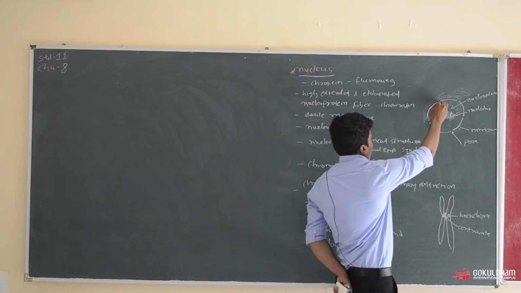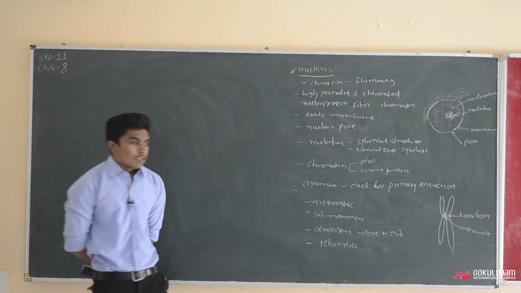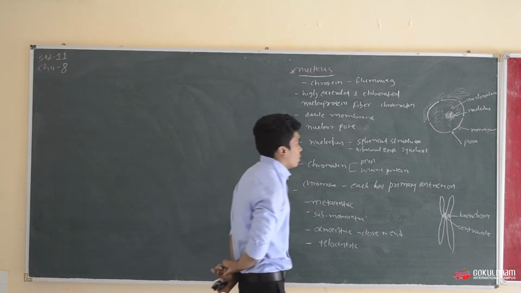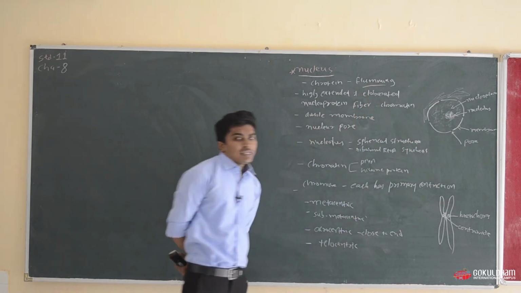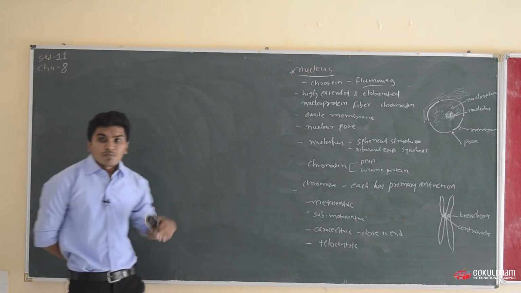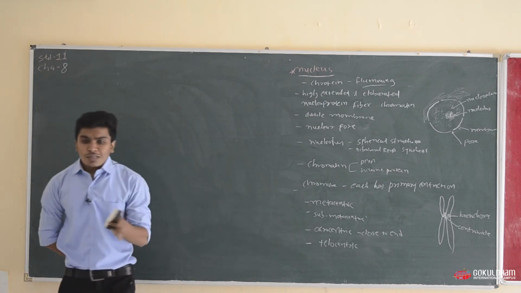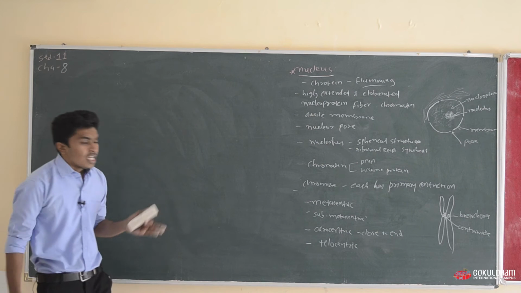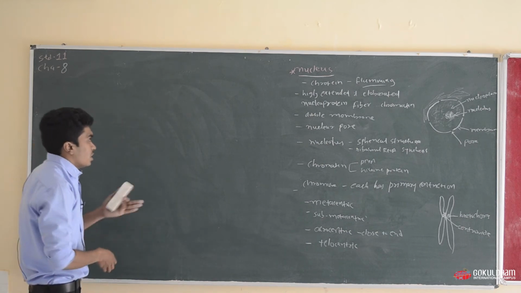Then after Robert Brown's discovery of the nucleus, another scientist came. The name of the scientist is Fleming, who discovered the material present in the nucleus called chromatin, which is stained by a basic dye.